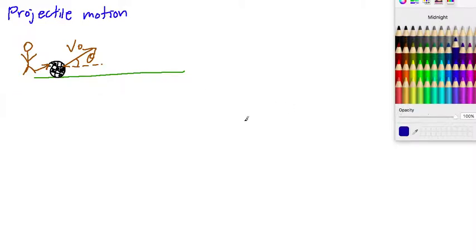So we're going to be finding the time to the highest point, the time it took to the highest point. We're also going to find the total time traveled.